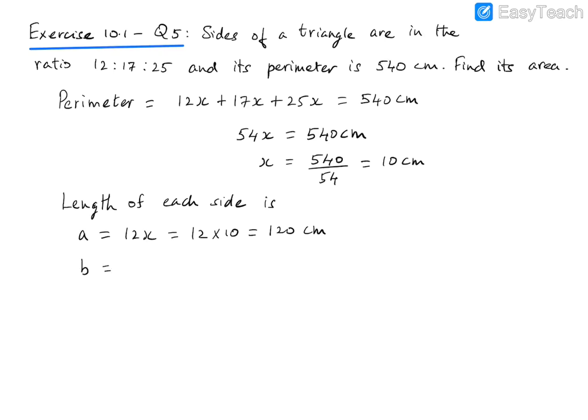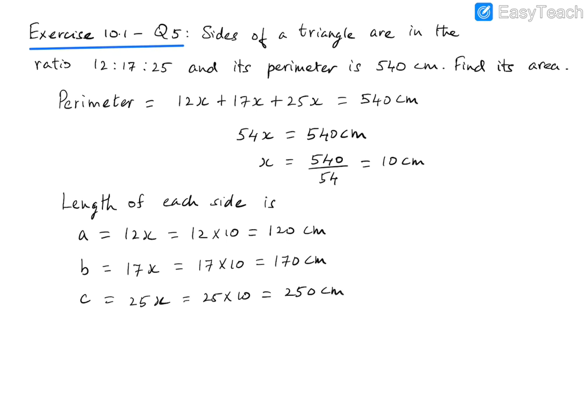The second side, which we can call B, has 17 times x, so that is 17 into 10, so that's 170 centimeters. And the side C is 25 times x, so that's 25 into 10, which is 250 centimeters.